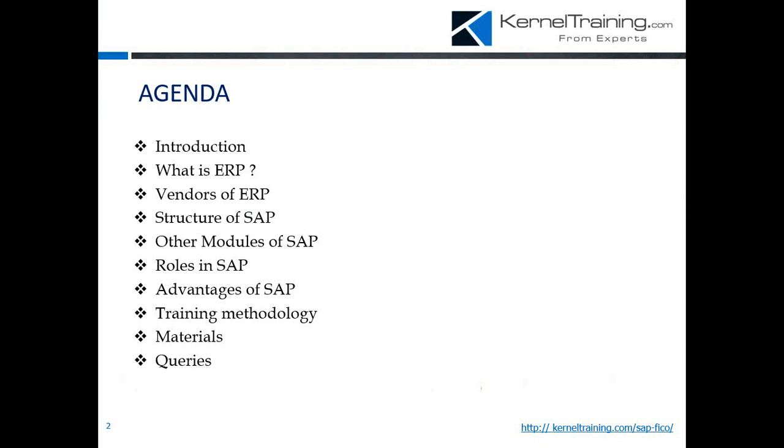So first let us start. Before going into SAP, we first want to know what is meant by ERP, and then what are the uses of ERP, and why SAP is considered to be a part of important ERP, which is benefiting many of the concerns.